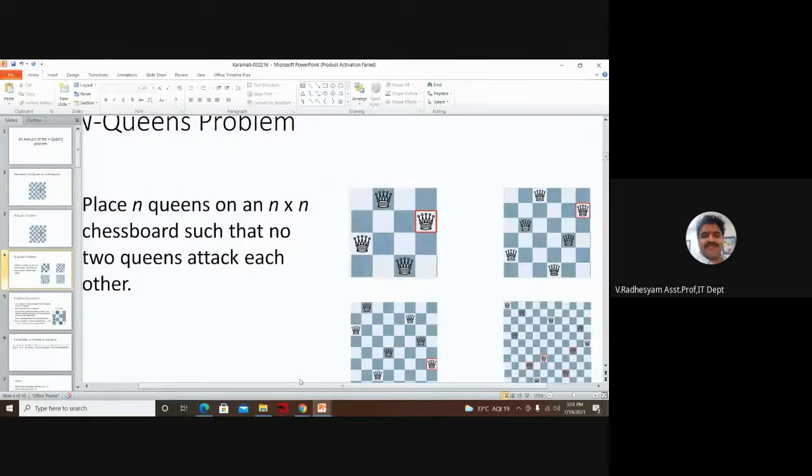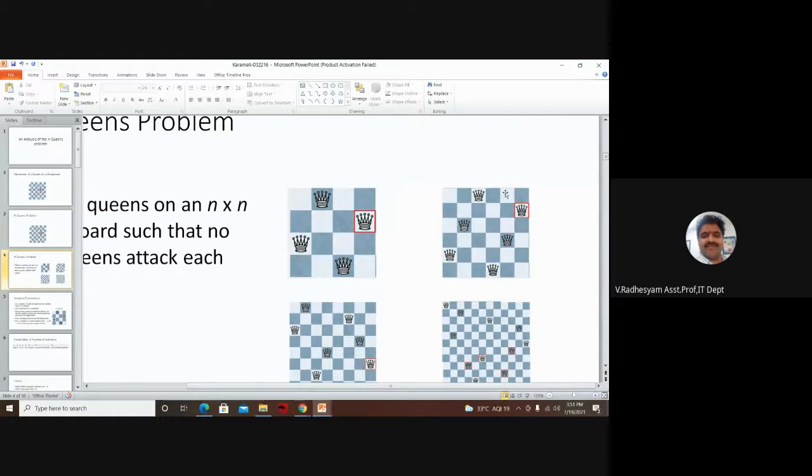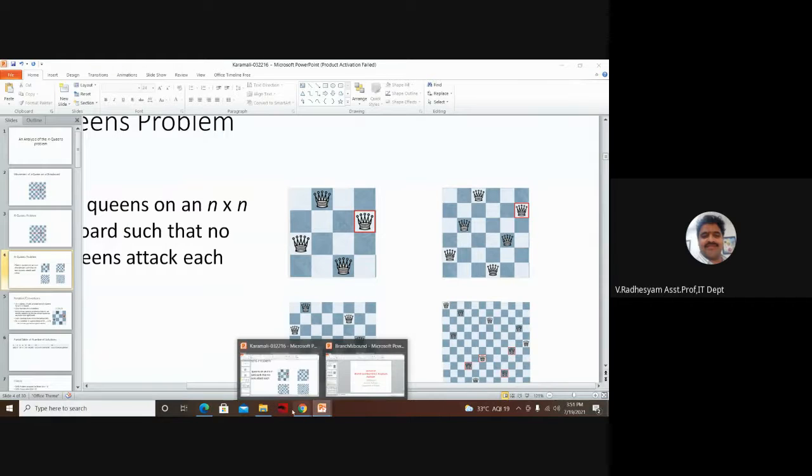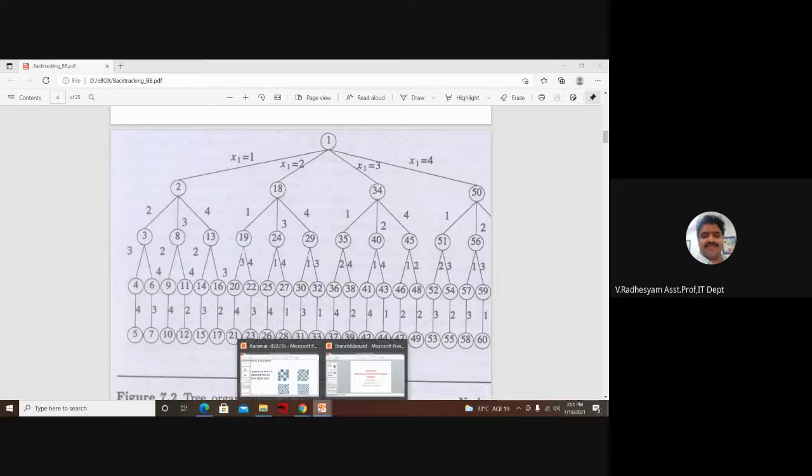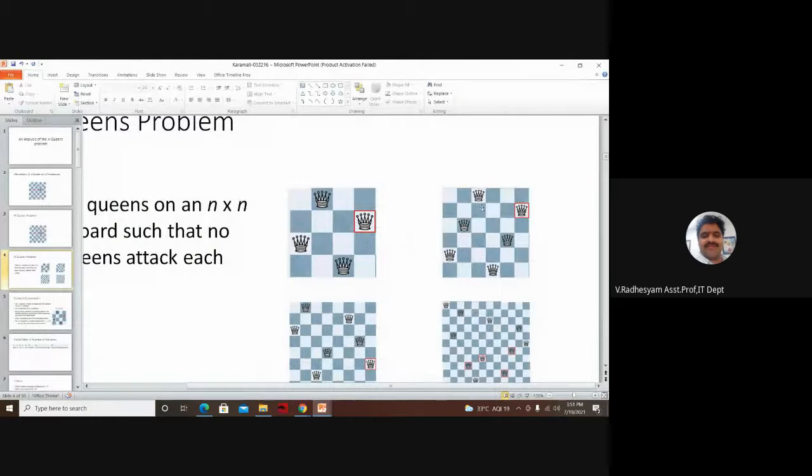If you are working with the 8 queens problem, then this may be a solution, and our intention is to draw x1 is equal to 1, x1 is equal to 2, x1 is equal to 3, x1 is equal to 4. Likewise, for 8 queens you need to draw. So you will get some solution like this.